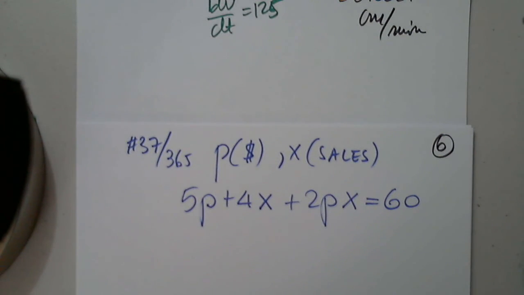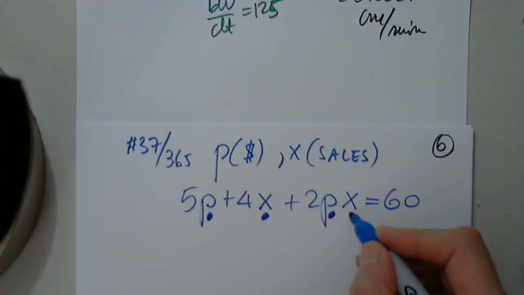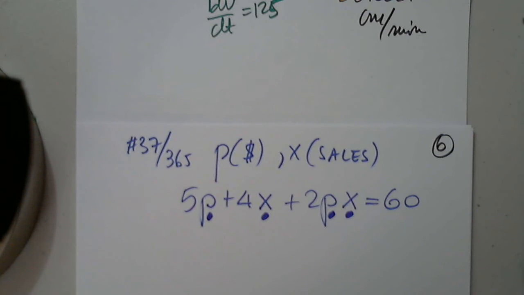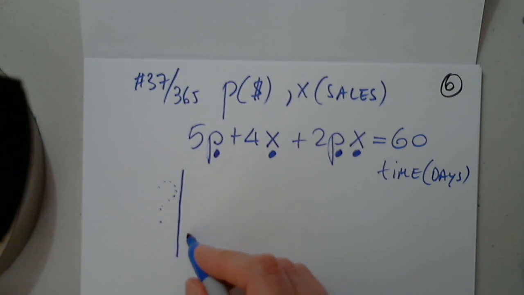If p and x are both functions of time, okay, measured in days, okay, so the time is in days. Good. Find the rate at which x is changing when x is 3, p is 5, dp over dt is 1.5.